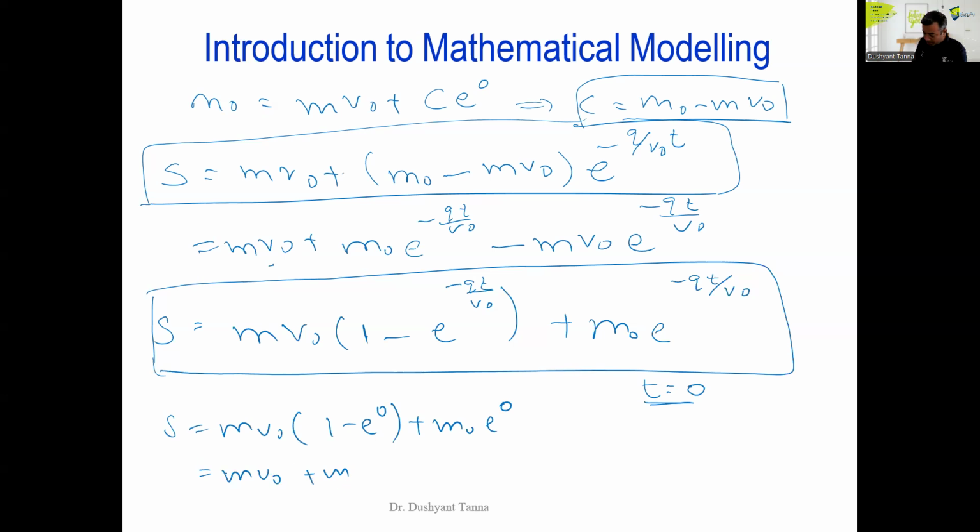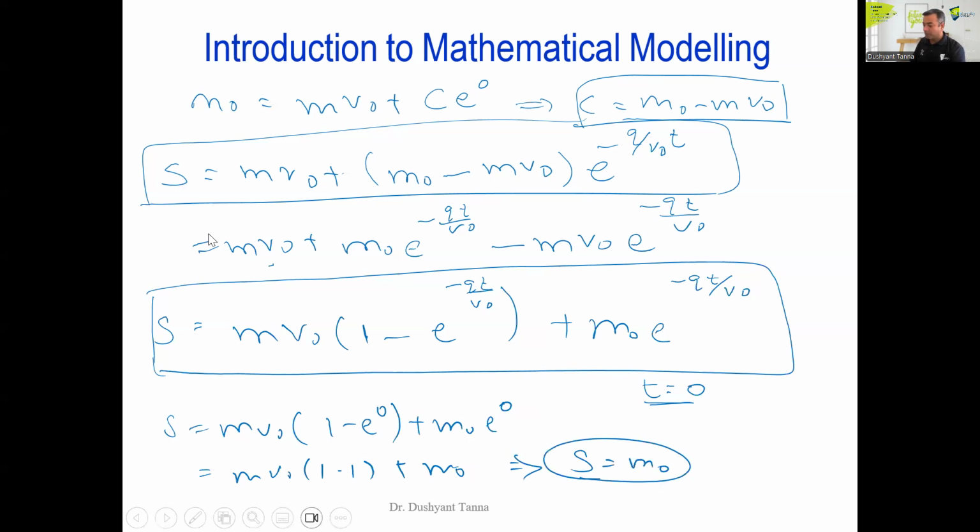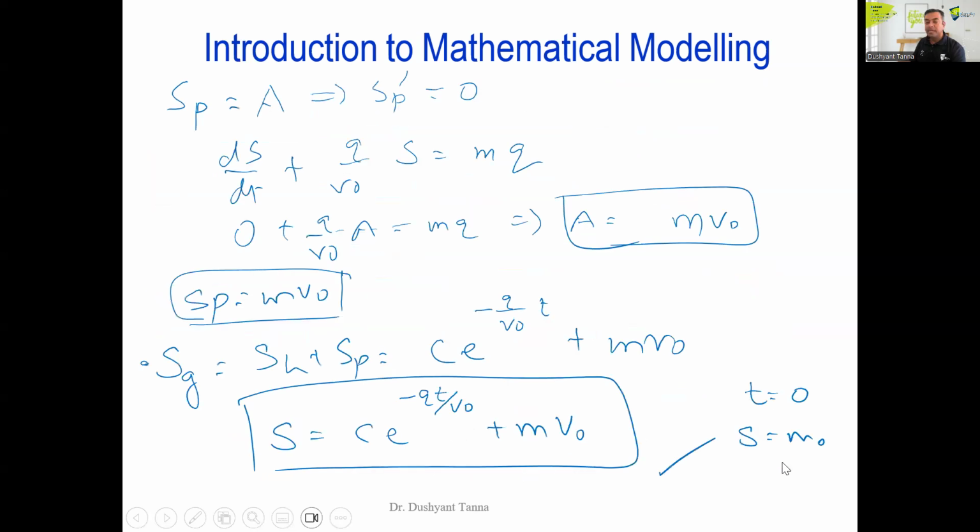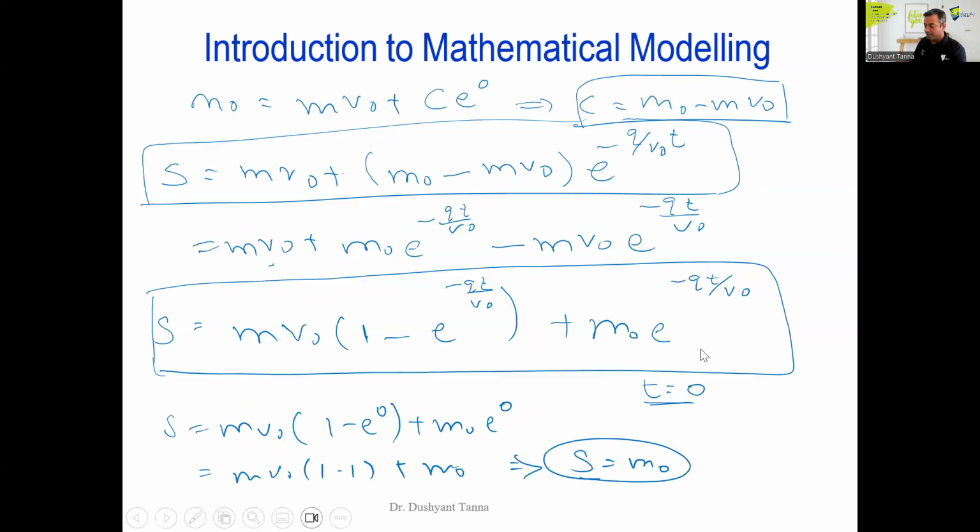Because e power 0 is 1, so 1 minus 1 is 0, plus m0 times e raised to 0, which is 1. And so finally, your S becomes m0. And this makes sense. When t is 0, S is m0, the initial concentration.